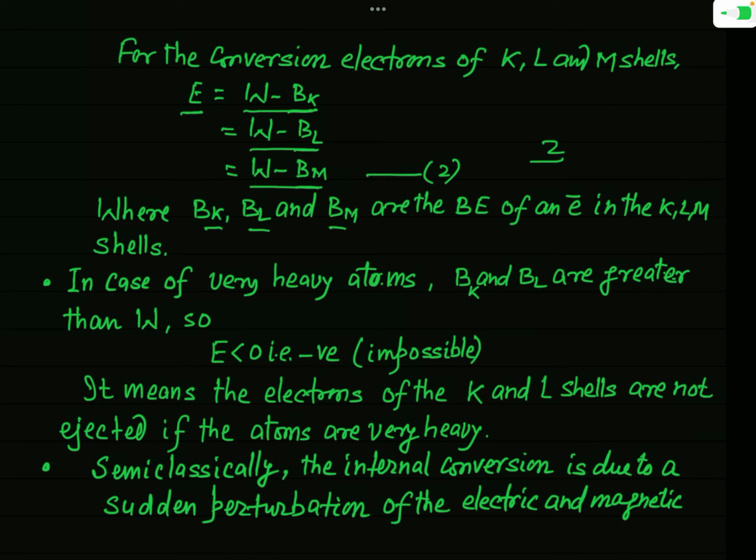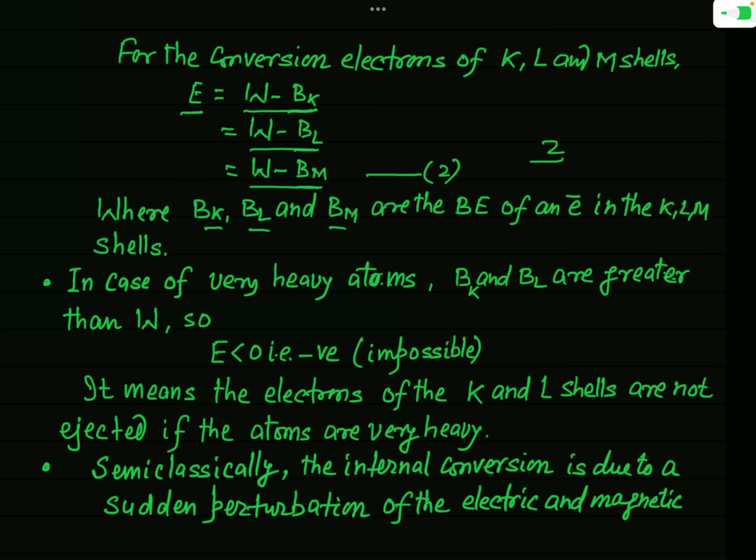And if Bk and Bl are very large, then the excitation energy W, which is absorbed by the electron during the internal conversion, or during the transition of the nucleus from a higher energy level to a lower energy level, will not be sufficient to break the bond of that electron and eject it. Why?